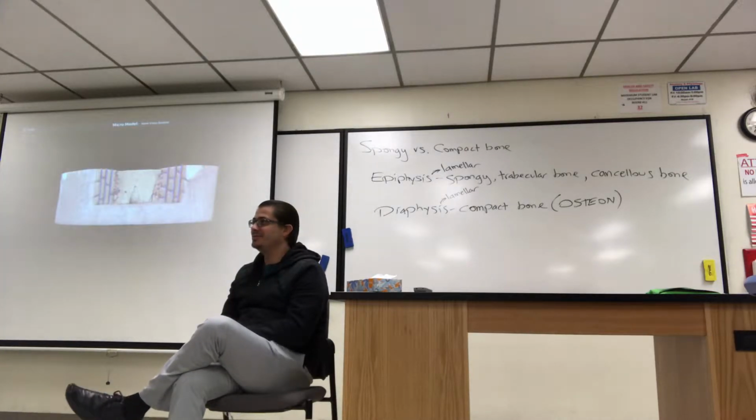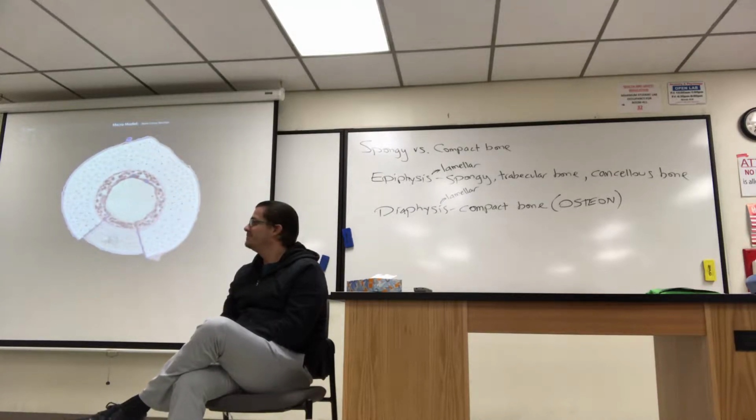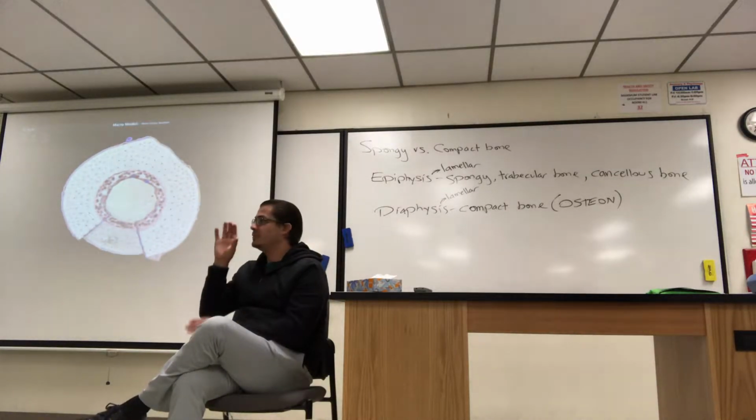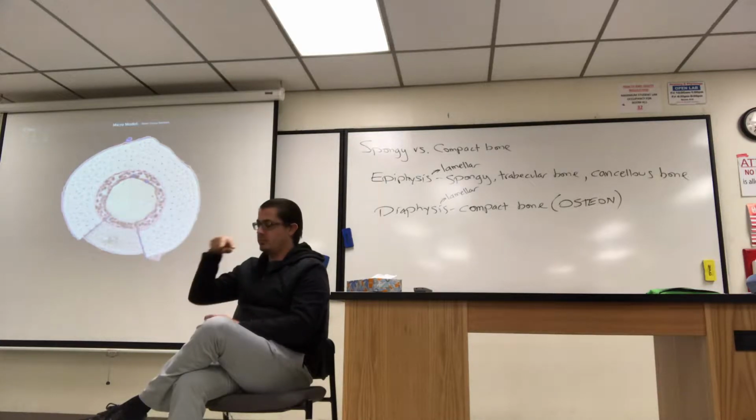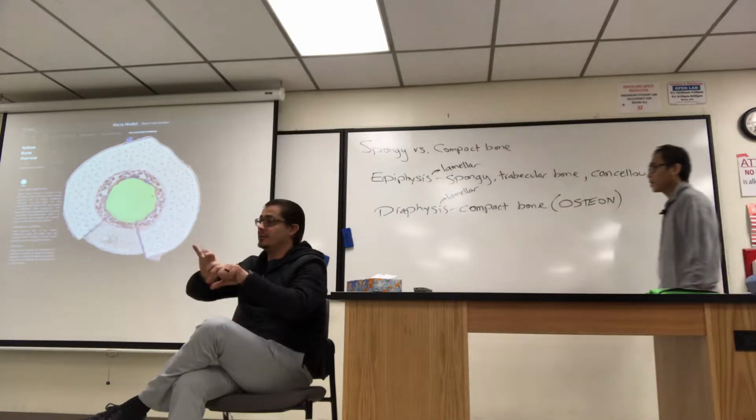There we go. So this is a cross section. What I've highlighted in green is the hollowed out diaphysis filled with yellow marrow.